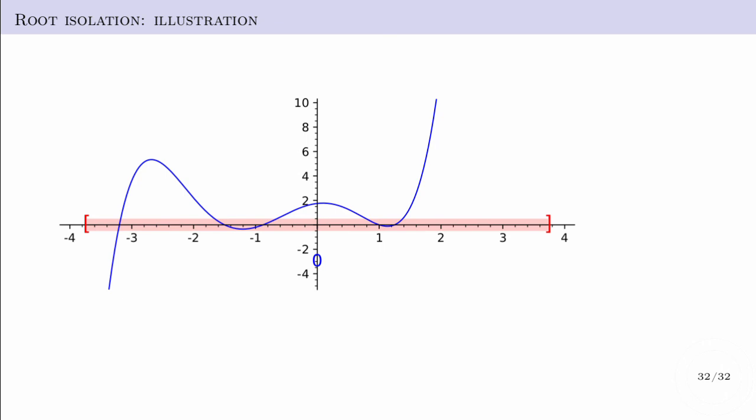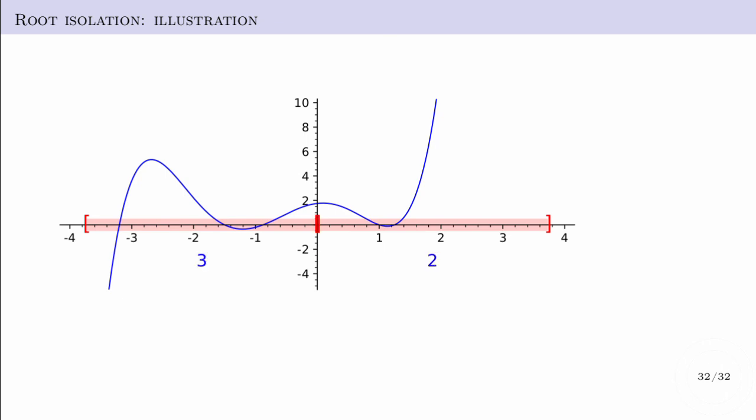So our initial interval, which is minus 3 point something up to 3 point something, contains all 5 roots of this polynomial. So in order to isolate the roots, we split this interval in half, so precisely at 0.